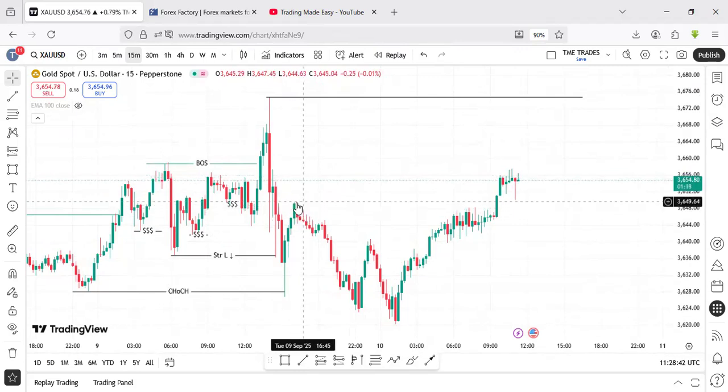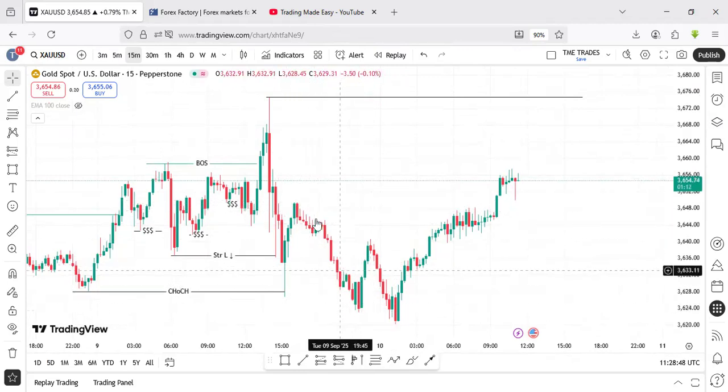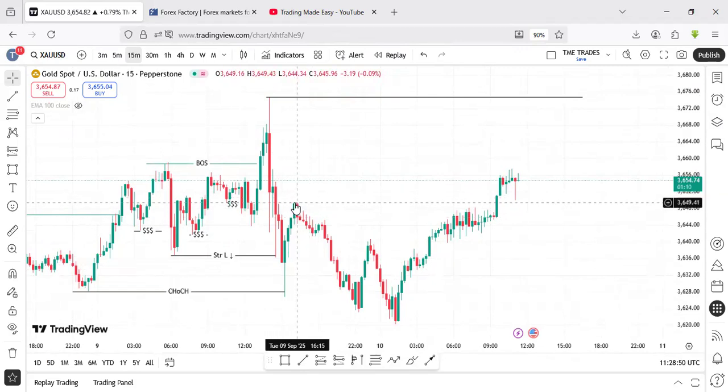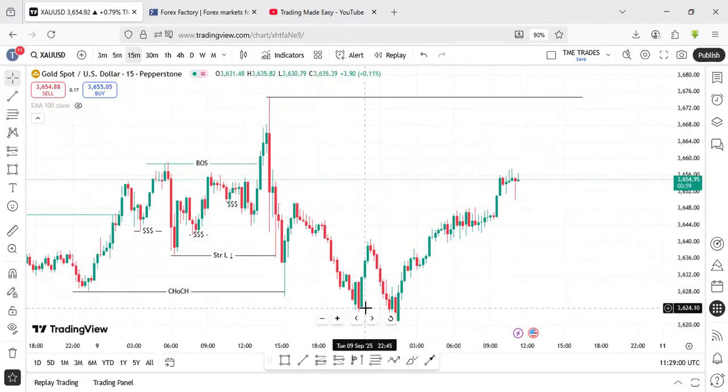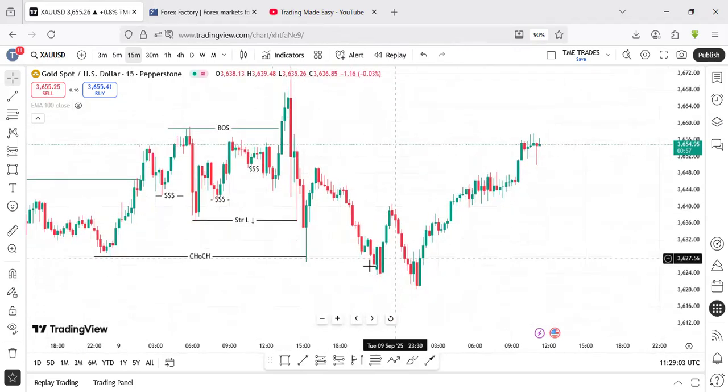If the low or the high internally did not sweep any liquidity before breaking a structure, you know that that is a fake breakout. In this situation now, this did not break any, this did not take out any high or low before moving to this particular place.